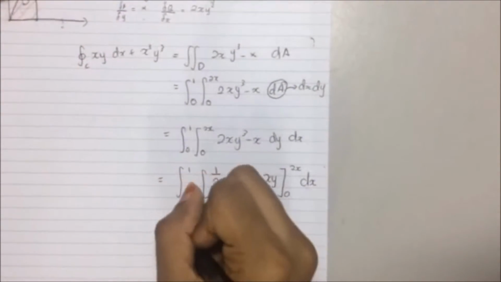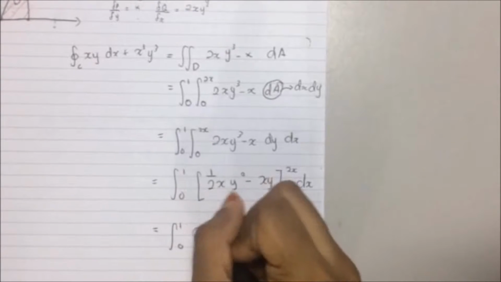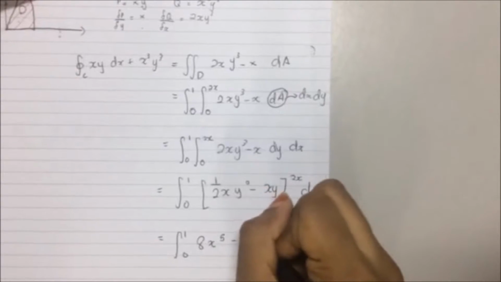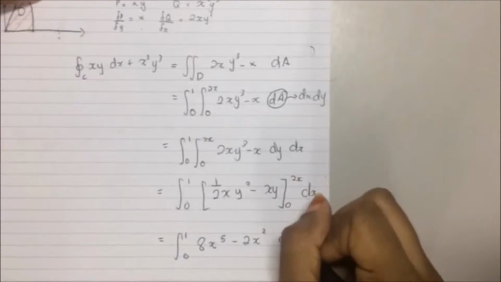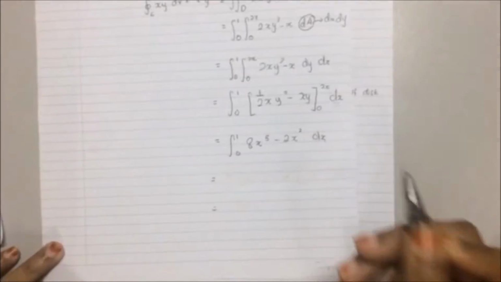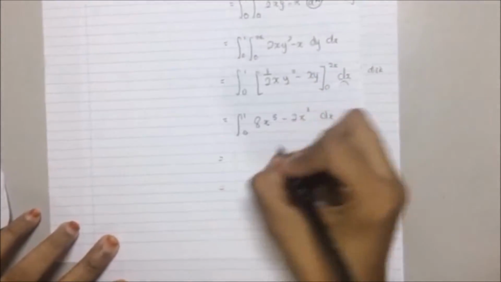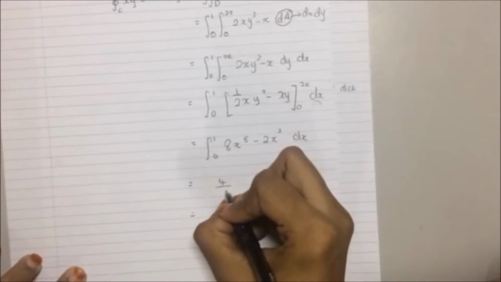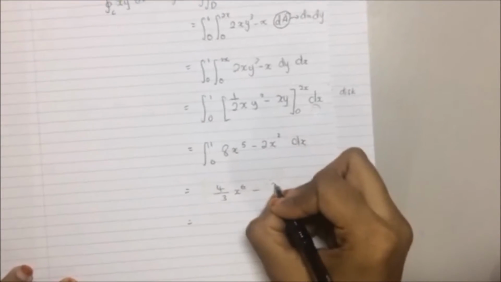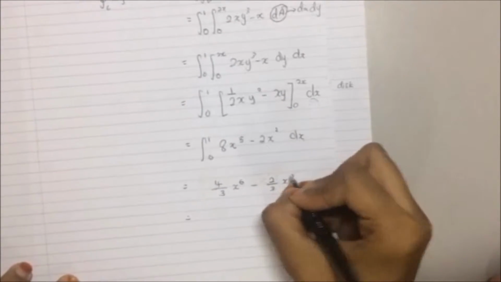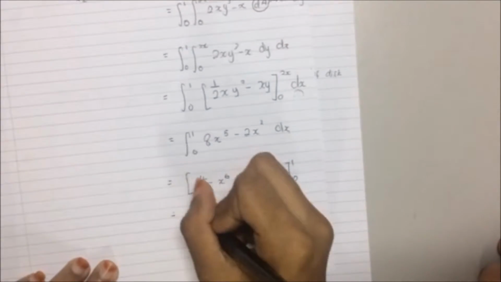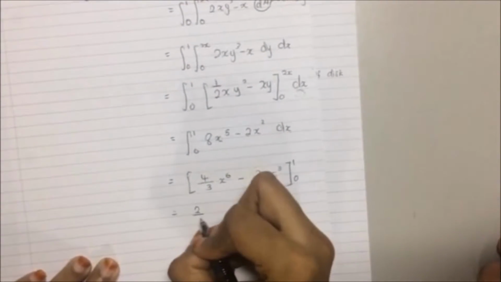So we get 1 to 0 of 8x^5 minus 2x squared dx. We integrate with respect to x. So we integrate this, we will get 4 over 3 x^6 minus 2 over 3 x cubed. So we include the value 1 to 0, so we get back 2 over 3.